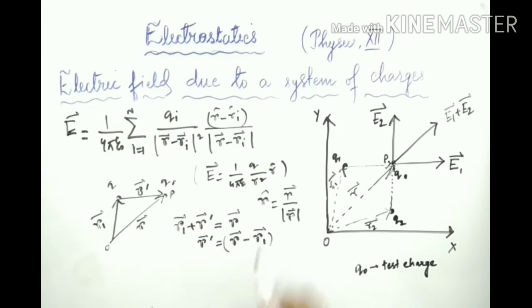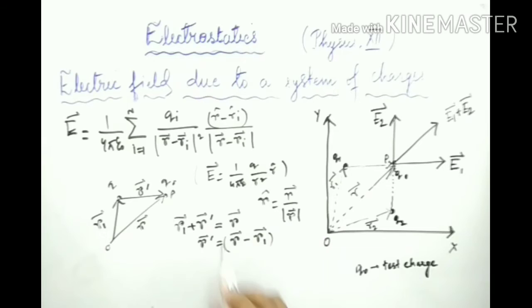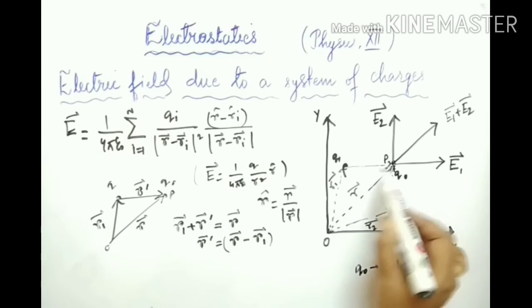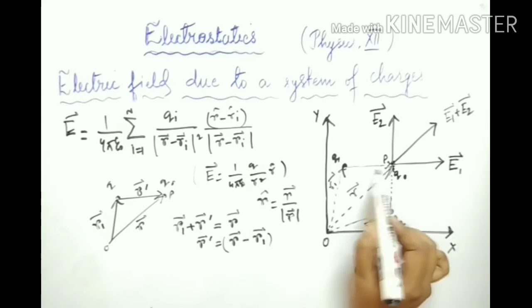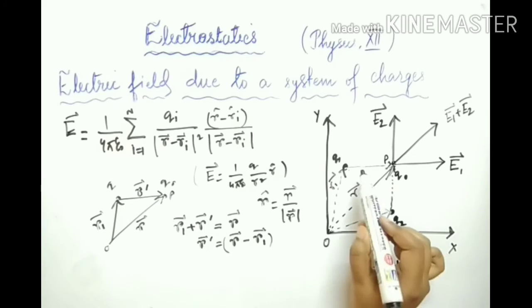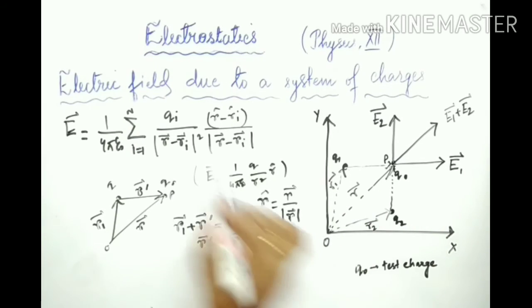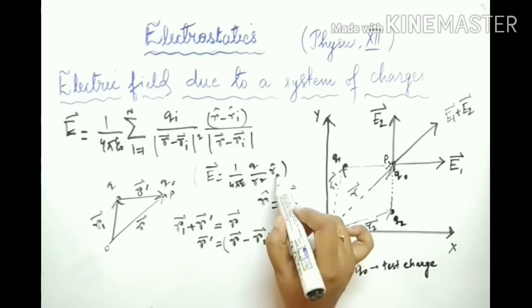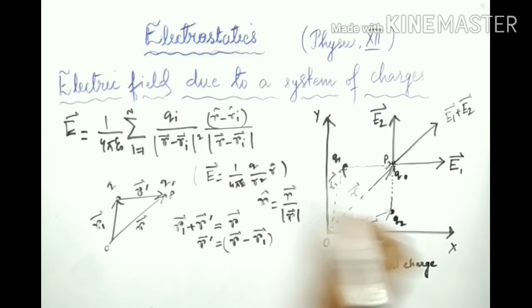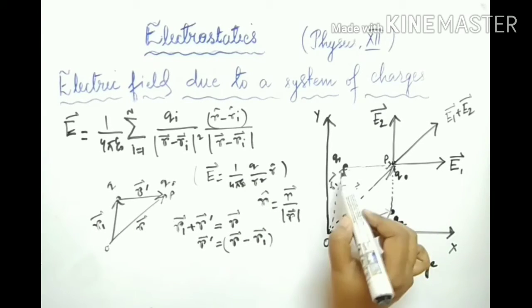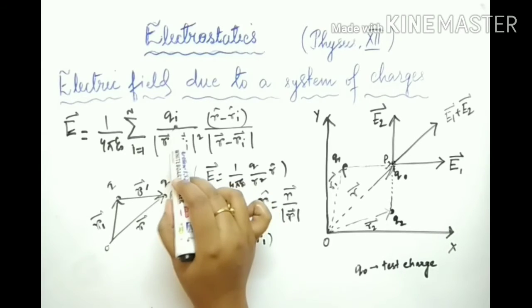So the direction we want here is given by this thing. This r unit vector gives us this direction. And how is it represented?